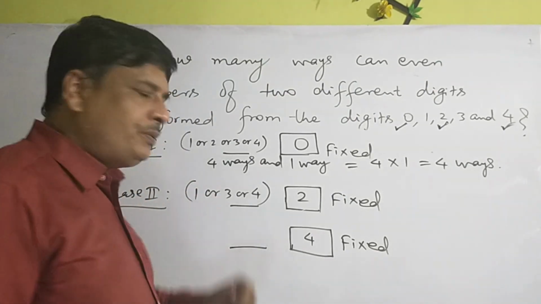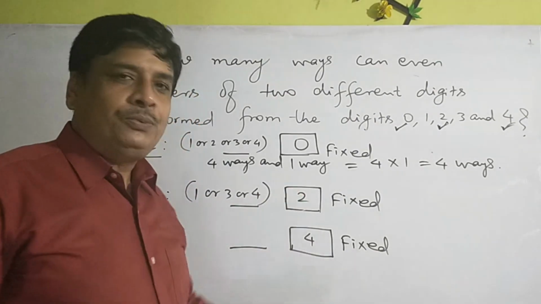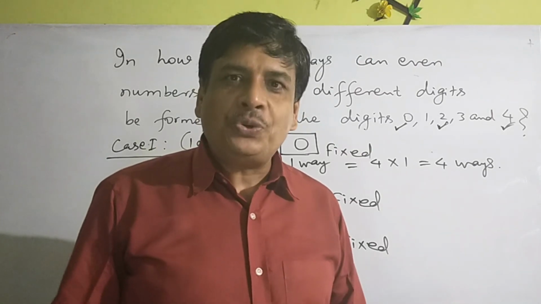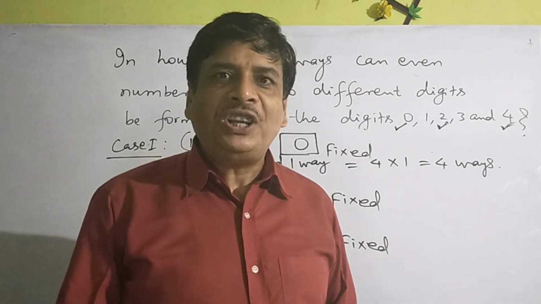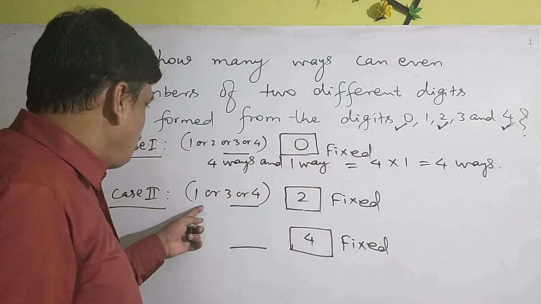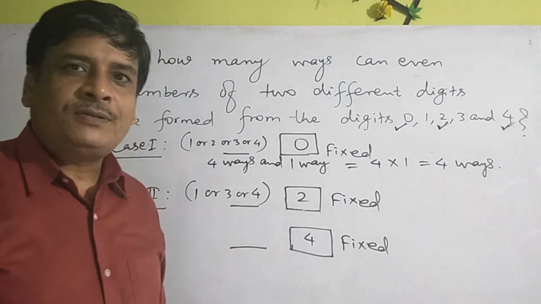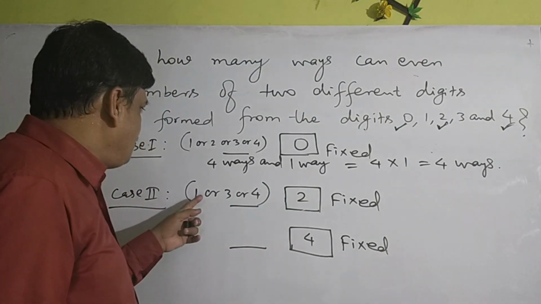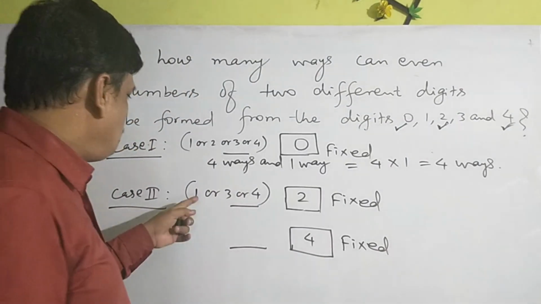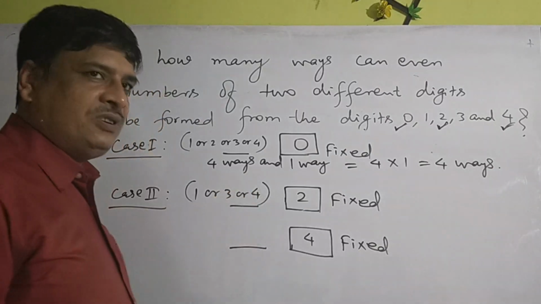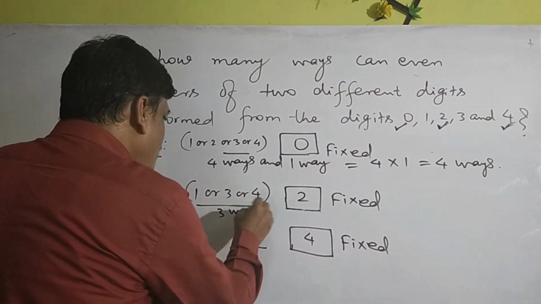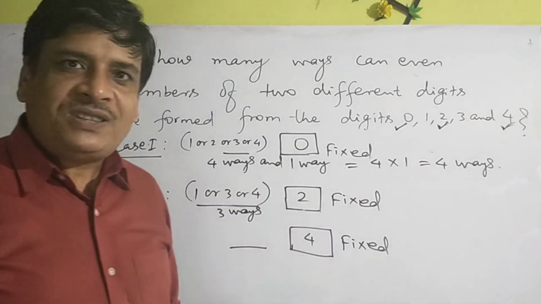If we take 0, then 02 is not a number of 2 digits; it is 2, a number of 1 digit. So we cannot fill the tens place by 0. So for the tens place we have only 3 options, 1 or 3 or 4.